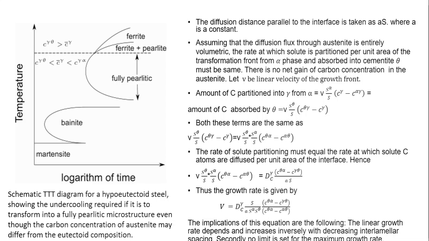The implications of this equation are the following. The linear growth rate increases inversely with the decreasing interlamellar spacing. Secondly, no limit is set for the maximum growth rate in this analysis.